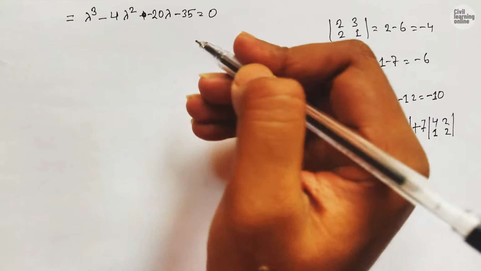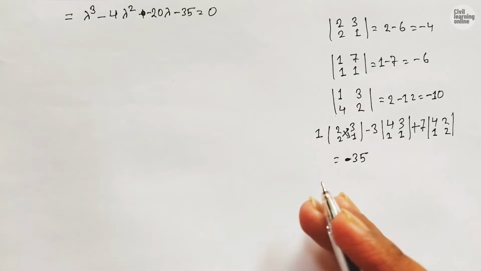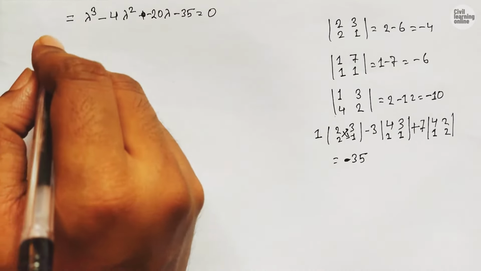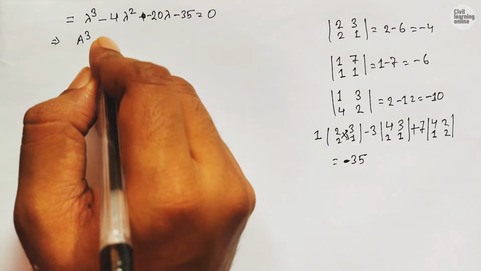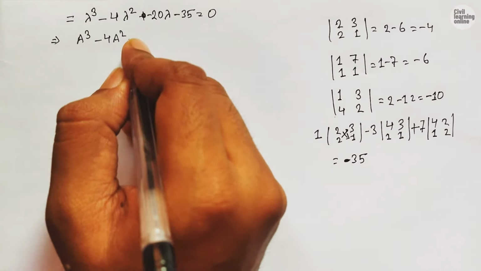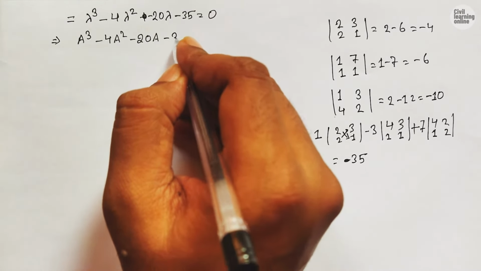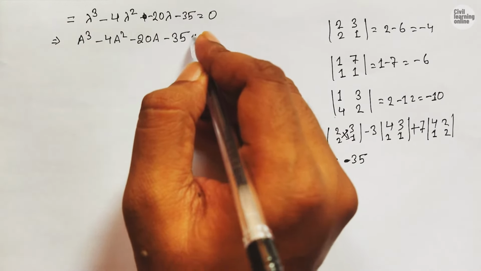equals 0. Now as per the statement of the Cayley-Hamilton theorem, we have to replace lambda with A. So we will rewrite it as A cube minus 4 A square minus 20 A minus 35, and simply multiply this 35 with the identity matrix.